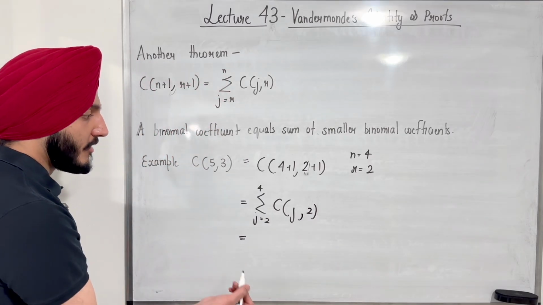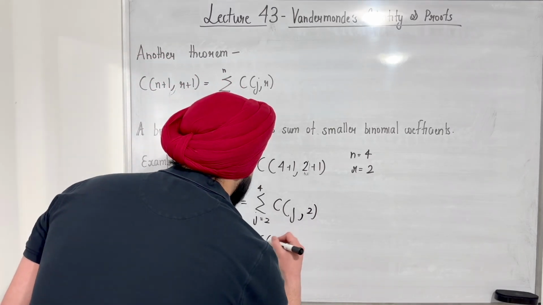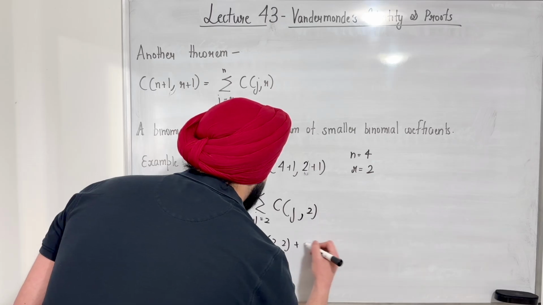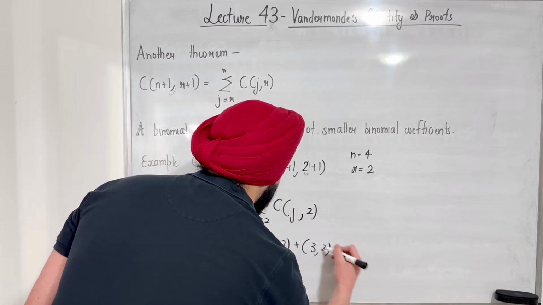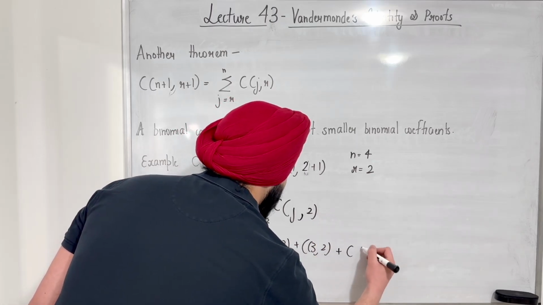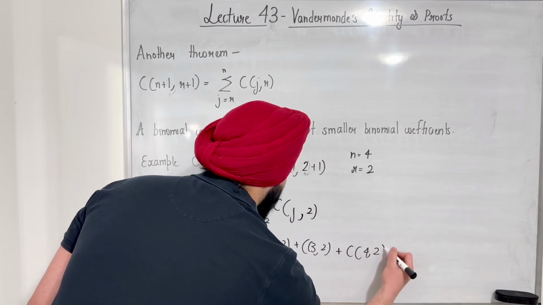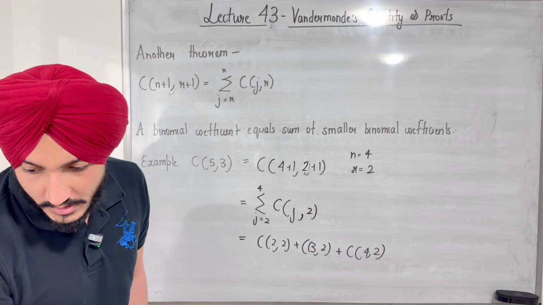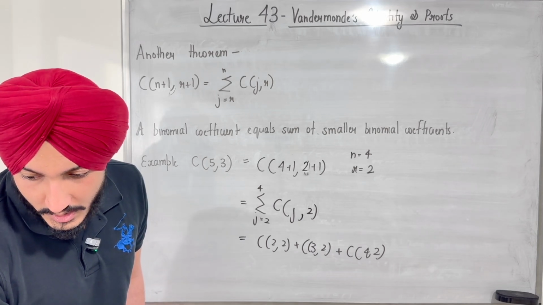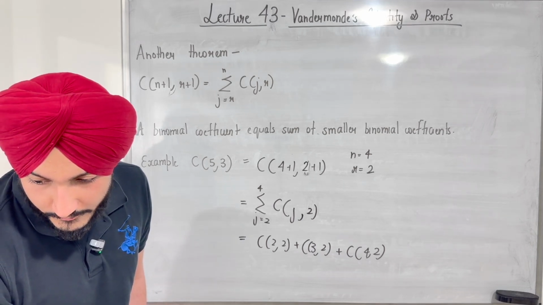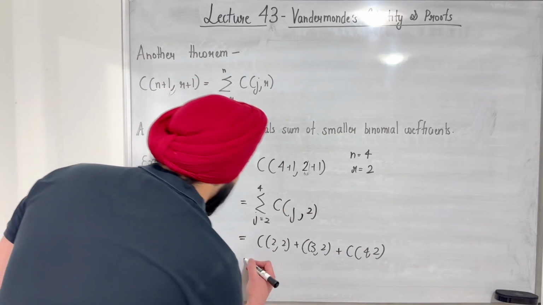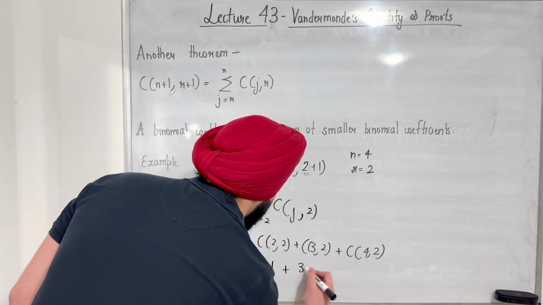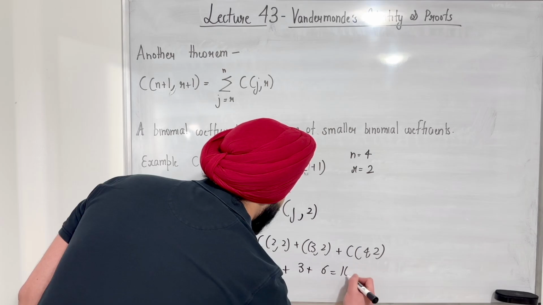So if you try to solve it, what you'll get is just C(2,2) + C(3,2) + C(4,2). If you solve this equation, you get 1 plus 3 plus 6, which is equal to 10.